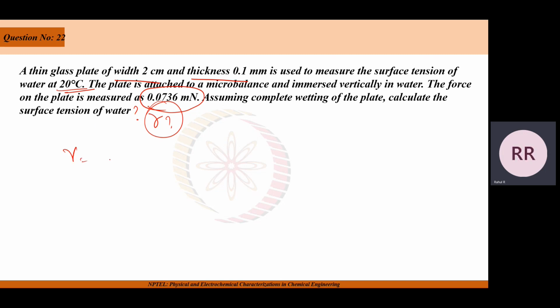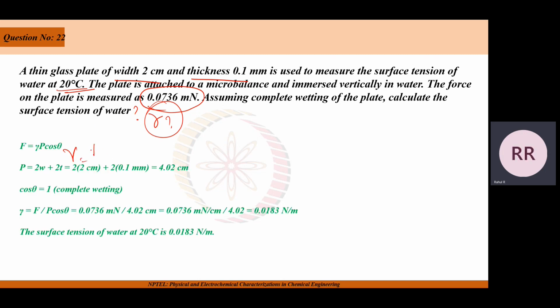So gamma can be calculated by using the formula. We know F can be calculated using F = gamma P cos theta. Then gamma can be calculated as F divided by P cos theta. Here it is said that there is complete wetting, so cos theta can be taken to be 1.